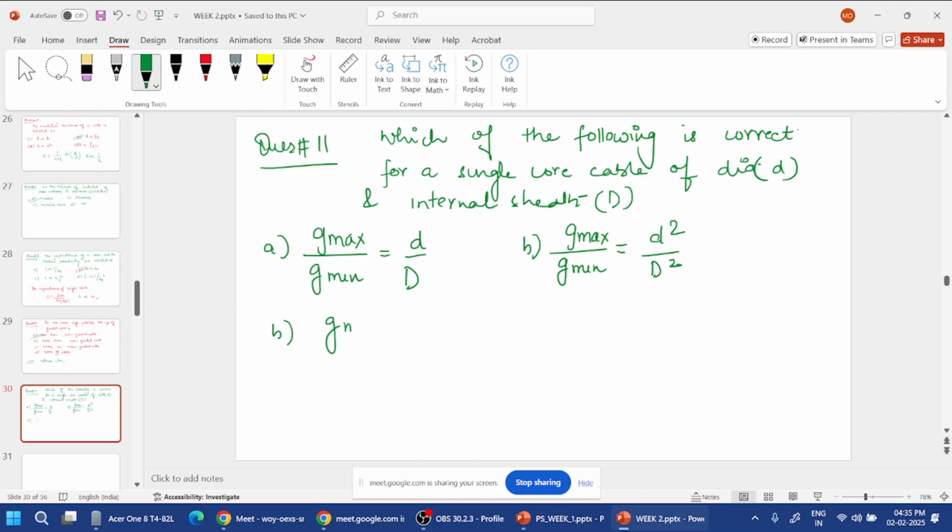C: G max by G min is capital D by small d. Fourth, none of the above. So give me the correct answer.